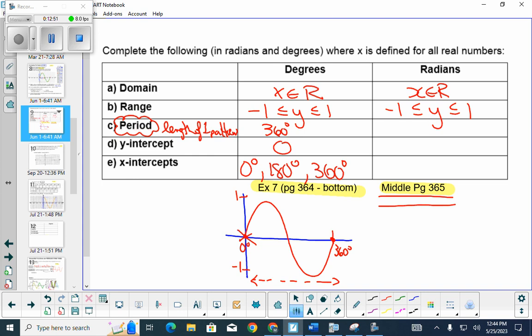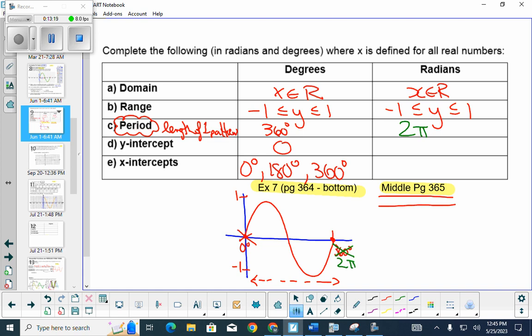Now, do you remember yesterday we talked about the equivalence, okay? What is the equivalent of 360 degrees? What is that in radians? Do you remember? 2 pi. Okay, so our period length is 2 pi.